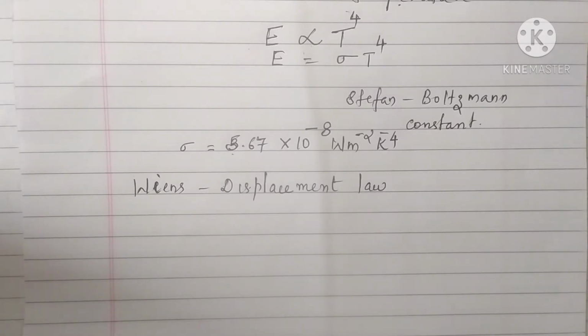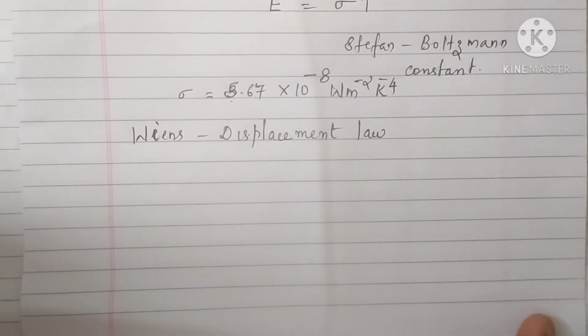Understood? That means if there is a particular amount of energy emitted by a black body, it has a particular value for wavelength. This wavelength is maximum and it is inversely proportional to its temperature. So as temperature increases, the wavelength decreases. That was given by Wien's displacement law.